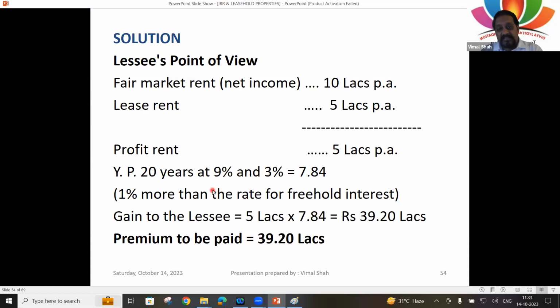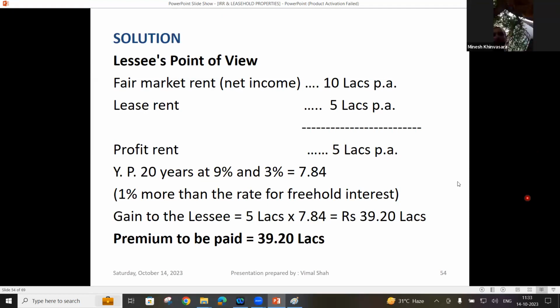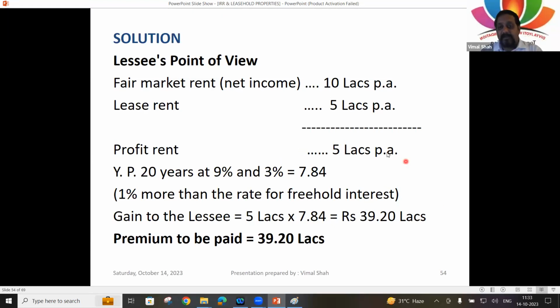So now the lessee can take the benefit of this 5 lakh per annum for the next 20 years, right? So YP for 20 years using the YP dual rate formula. Why am I using the dual rate formula? Because he is going to pay the premium, so recoupment of the capital will be required.